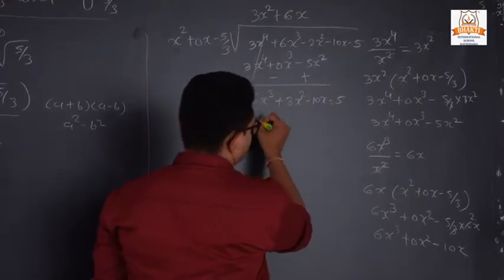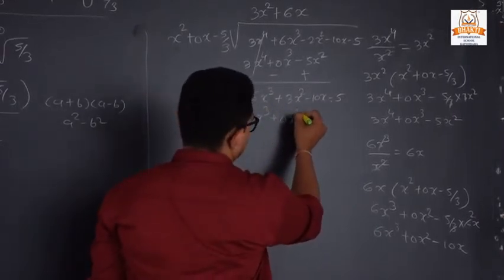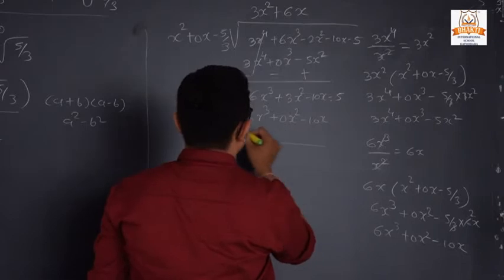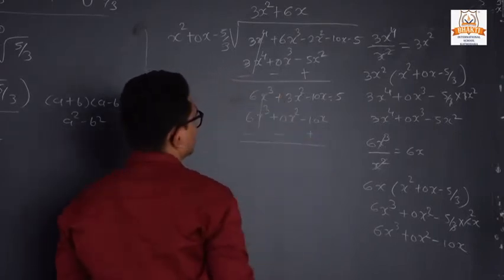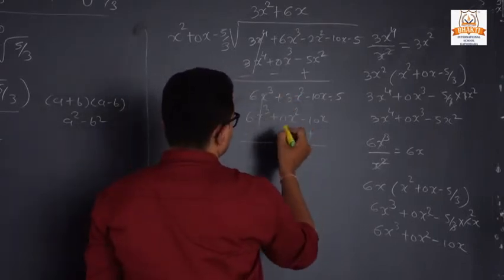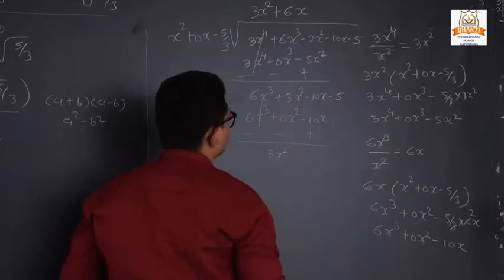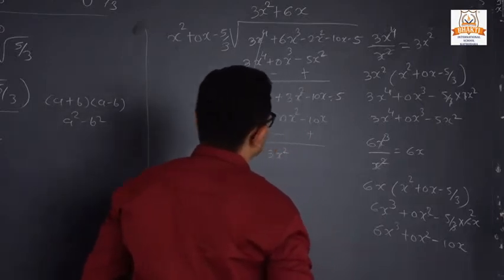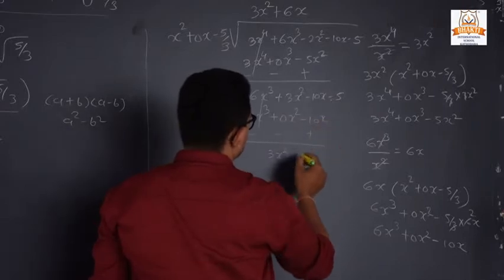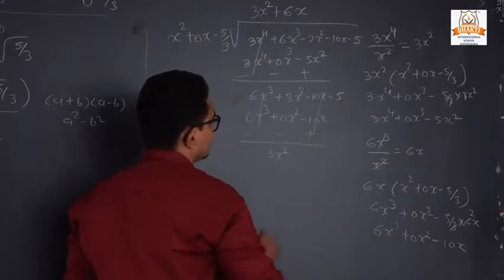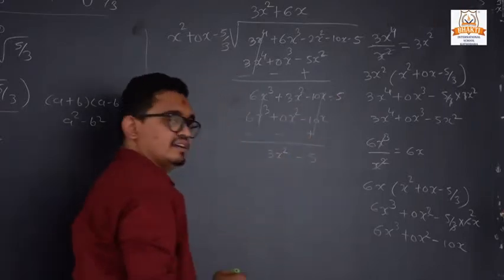So 6x³ + 0x² − 10x. The sign is changed, so these both cancel. 3 minus 0 is 3x², then −10x and +10x cancel, and −5.